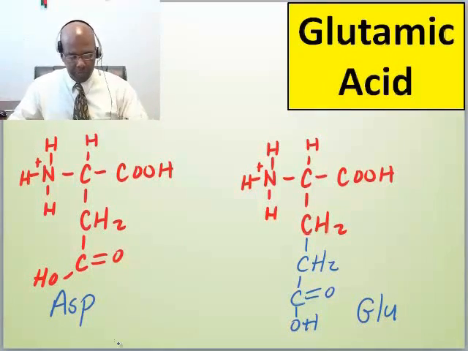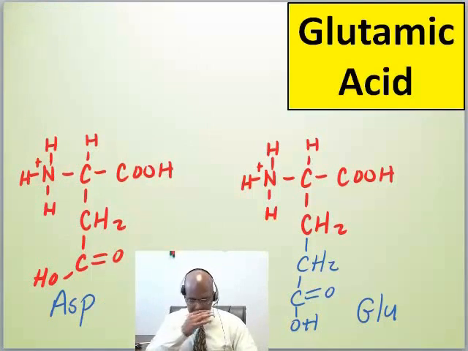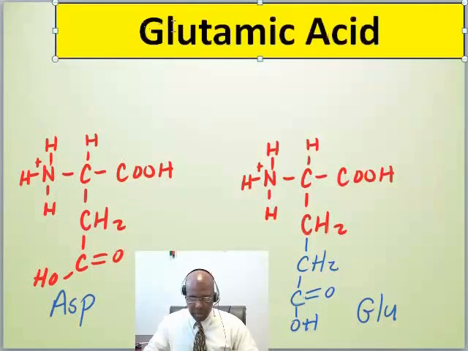Let's do one more. We're going to learn 2 amino acids on this next slide. So I'm going to make a copy of this. Okay, this is a copy now. And so what I'm going to do, I'm going to put not glutamic acid.